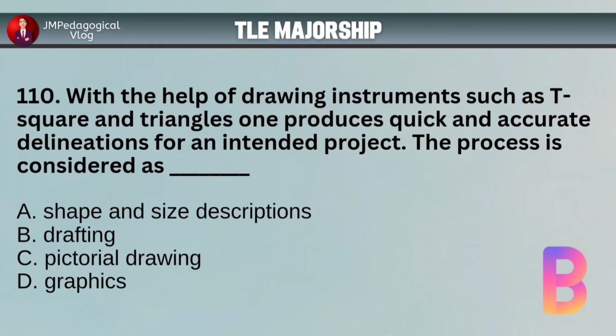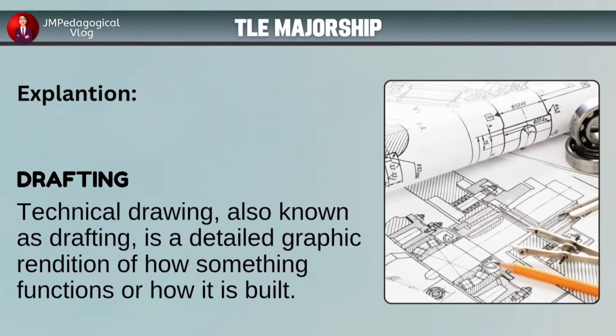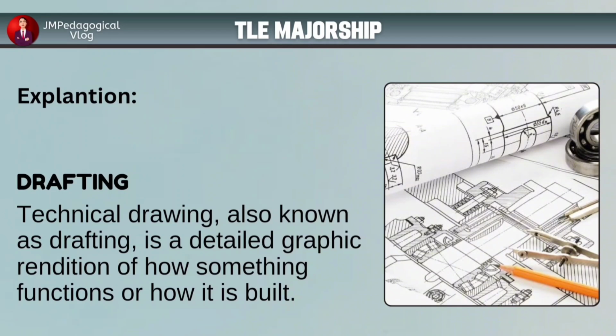B. Drafting. Explanation. Technical drawing, also known as drafting, is a detailed graphic rendition of how something functions or how it is built. Technical drawings are made at a precise scale and include elements that make them unambiguous, meaning that their elements can be interpreted only in one way.